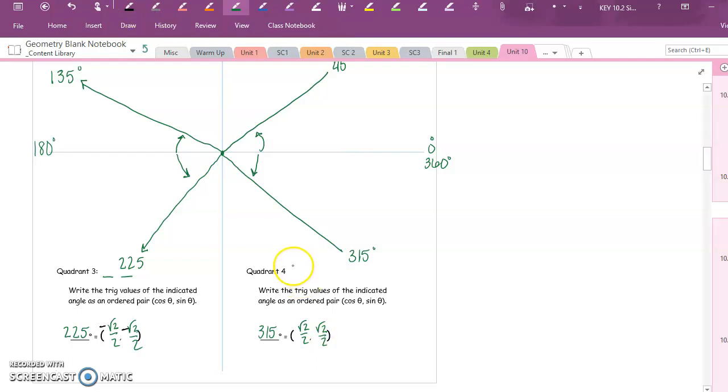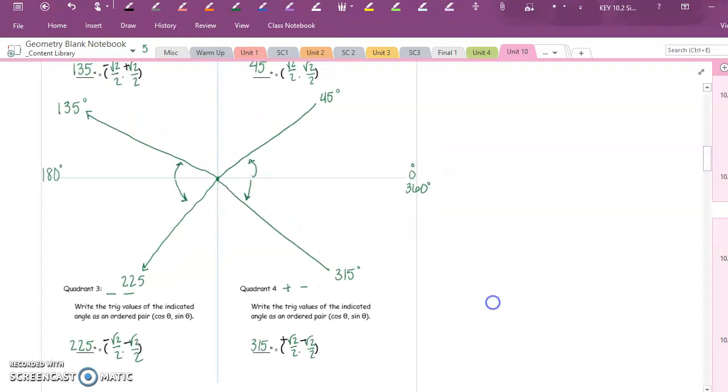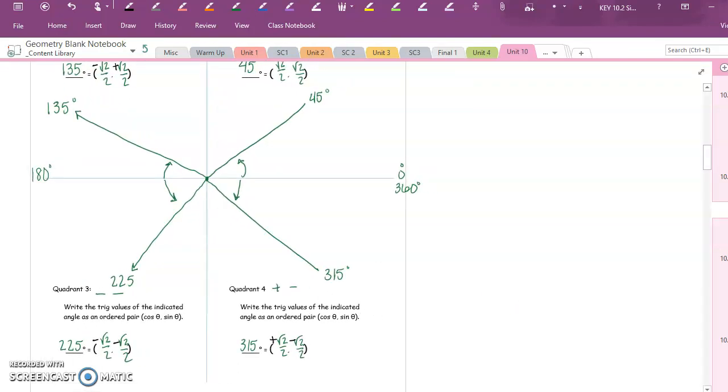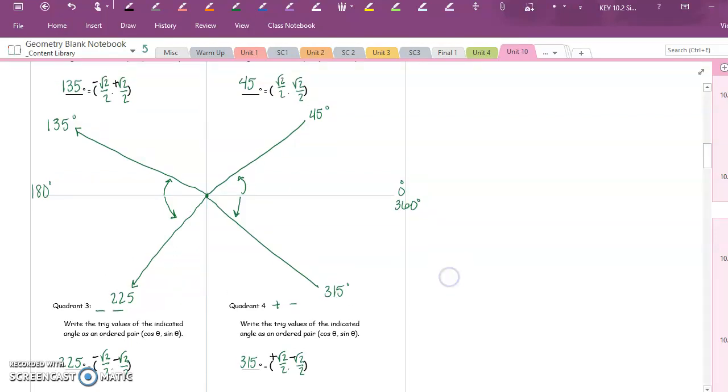And in this quadrant 4, we have positive, negative. Because in quadrant 4, everything goes positive, comma, negative. So we have positive, negative as our ordered pair in quadrant 4. So my degree measures of 45, 135, 225, and 315 all share the ordered pair root 2 over 2, comma, root 2 over 2. However, depending on the quadrant, depends on the symbols.